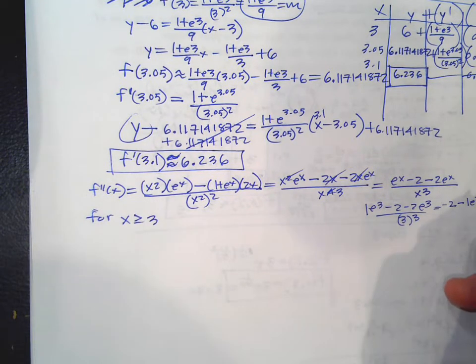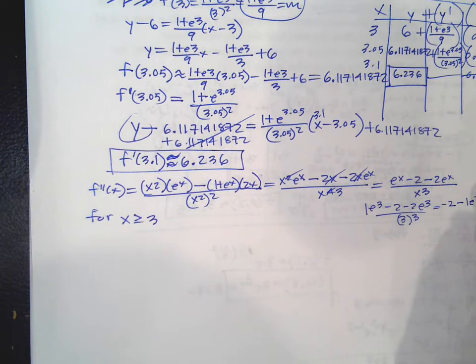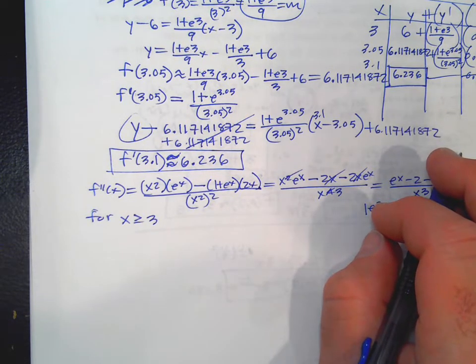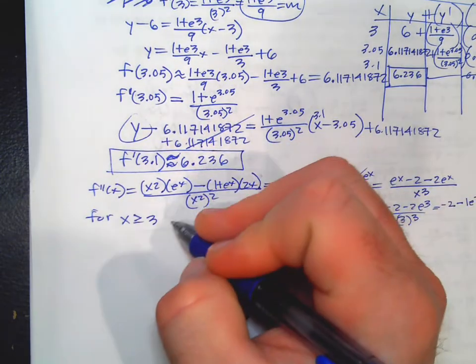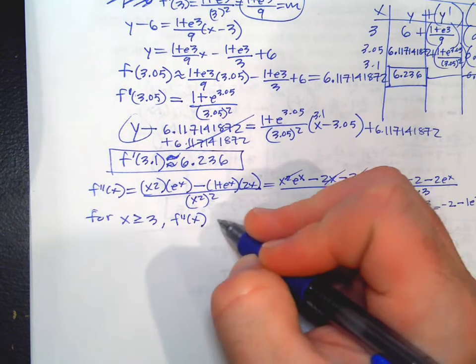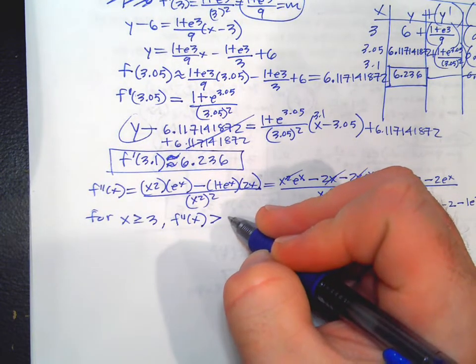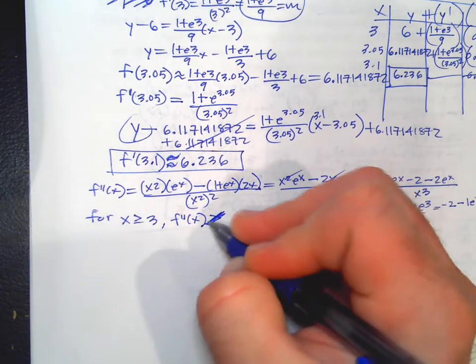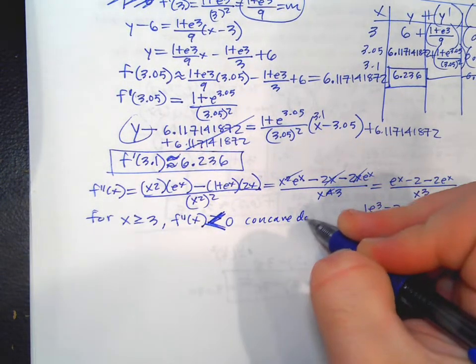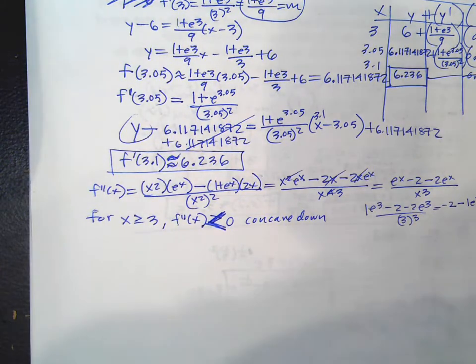If you plug even bigger numbers in, it's still going to end up being negative. I feel like it's always going to be negative for x greater than 3. I think f double prime of x is going to be negative, concave down. This is contradicting my answer.